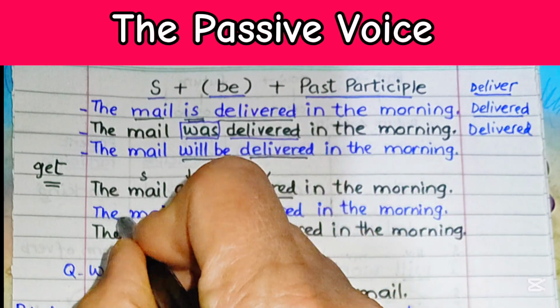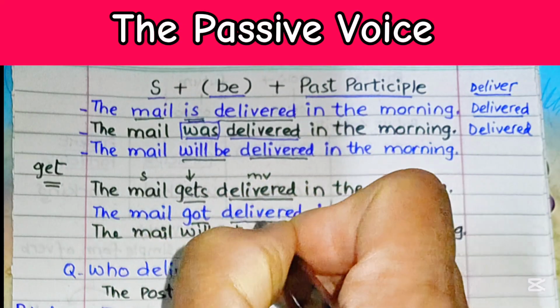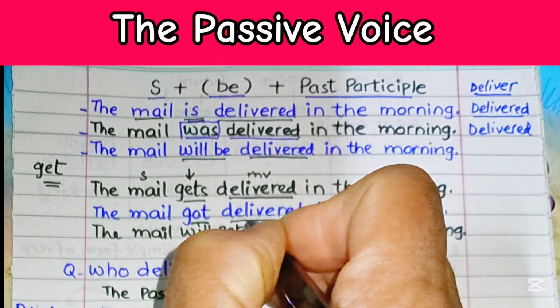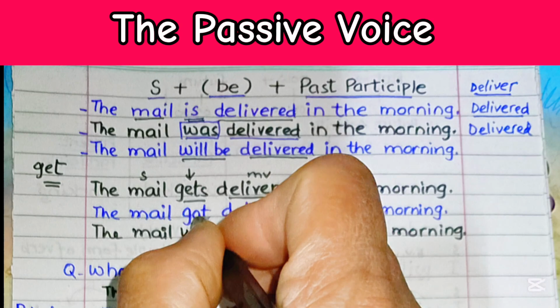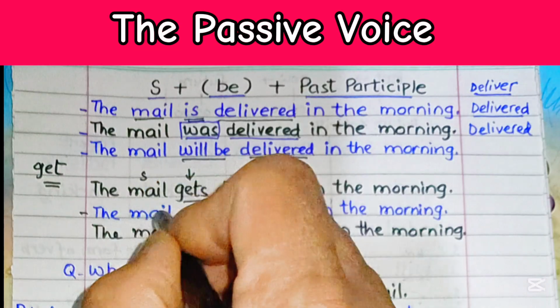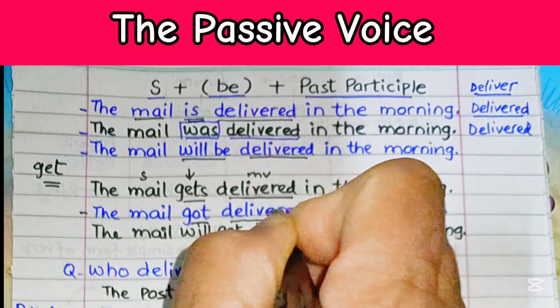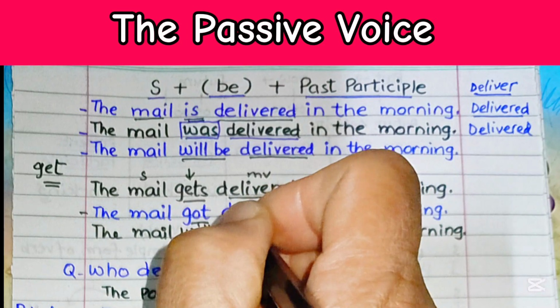Past tense will be the mail got delivered in the morning. So this delivered, that is the main verb, past participle, remains the same, but the verb got is in past. That's why the second sentence is in past tense. The mail got delivered in the morning.